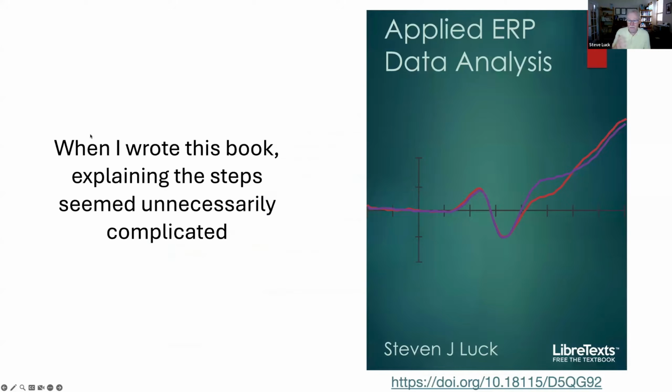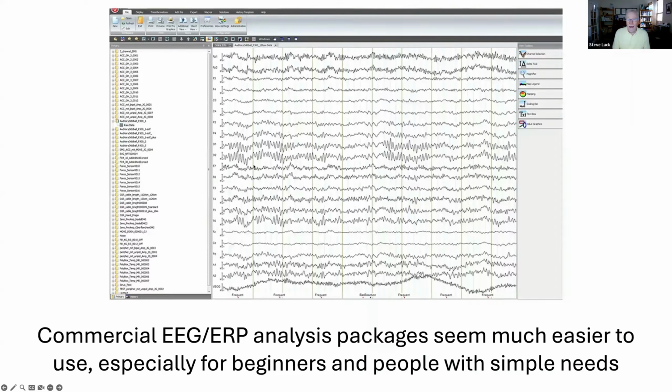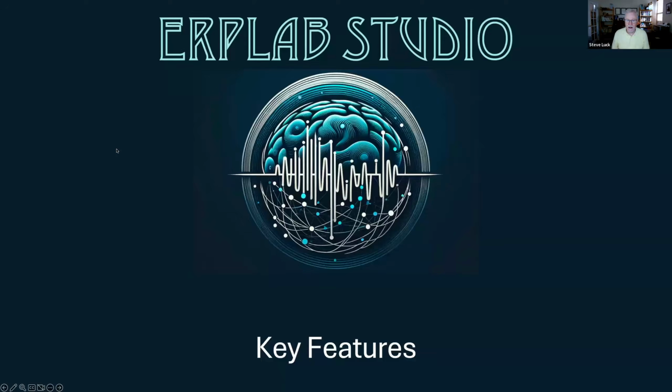And then when I wrote this book on applied ERP data analysis, which has many different exercises going through real data, I just found myself writing really convoluted descriptions of what to do. It just seemed unnecessarily complicated. And when I looked at commercial EEG ERP analysis packages, they were just so much more visually appealing and easier to use. So we developed ERPLAB Studio.